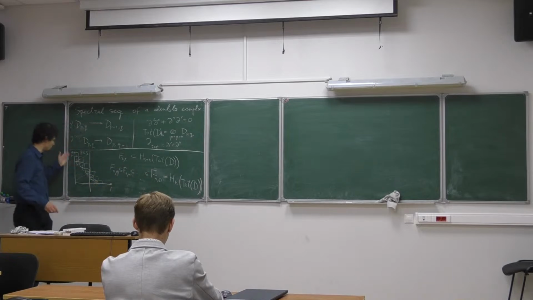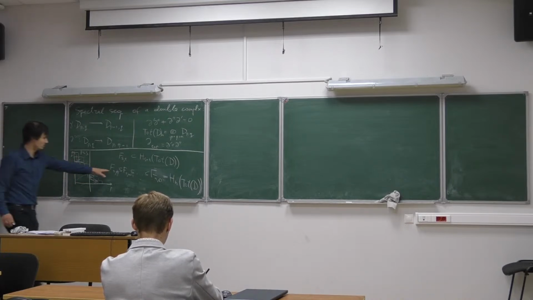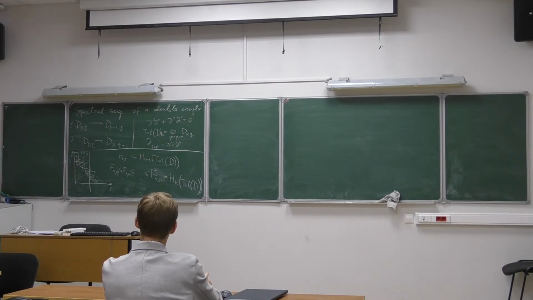This is for the case of the first quarter spectral sequence, but in other cases, indices may differ. And now I want to recall what we discussed during the last lecture.